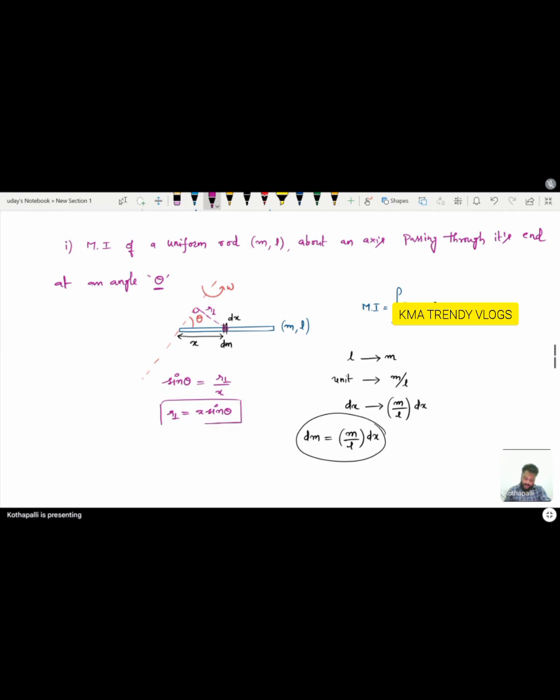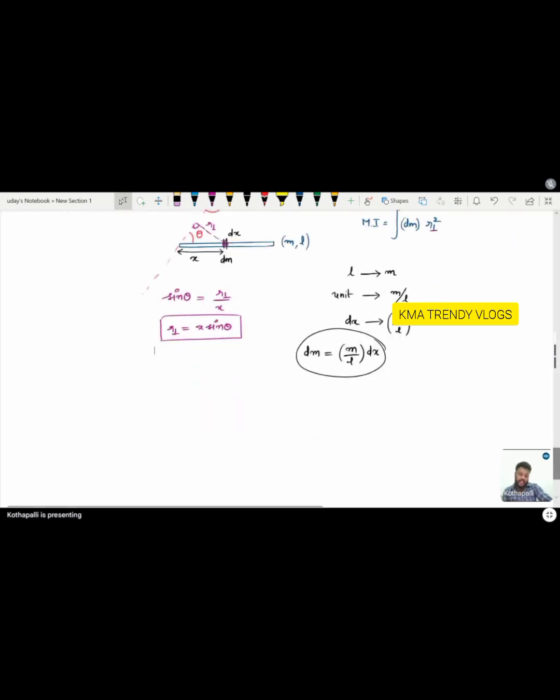Now we have the value of dm and the value of r perpendicular, and if I integrate this, I will get the moment of inertia of the entire rod about that axis. So the moment of inertia is the integral of dm, which is m by L into dx, into r perpendicular, x sine theta, squared.